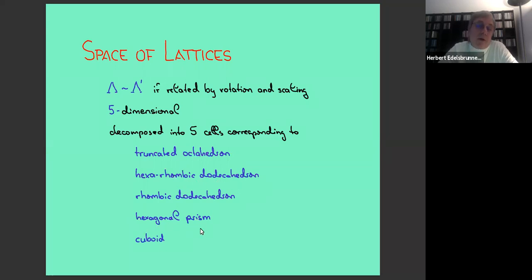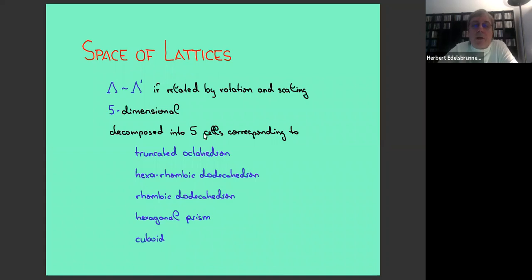And then there's a hexagonal prism, which you get when you do a hexagonal layer, and on top of another hexagonal layer. And then you get these hexagonal prisms. And the cuboids, which you get for the integer grid. And those are the only 5 different Voronoi cell types.